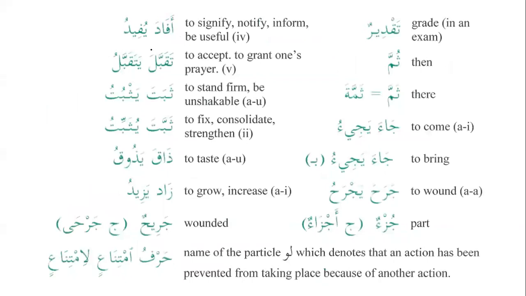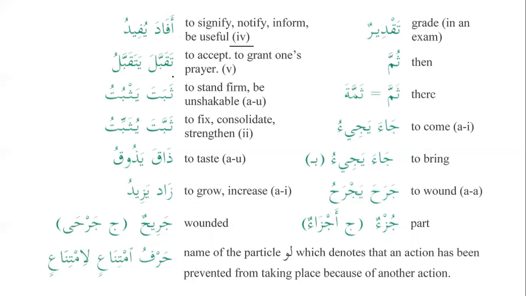Afada yufidu ifadatan. It has several meanings: to signify, to notify, to inform, and to be useful. This is also verb form number 4. Like we have afada yufidu ifadatan, adafa yudifu idafatan, and there are some other forms as well that we have learned.